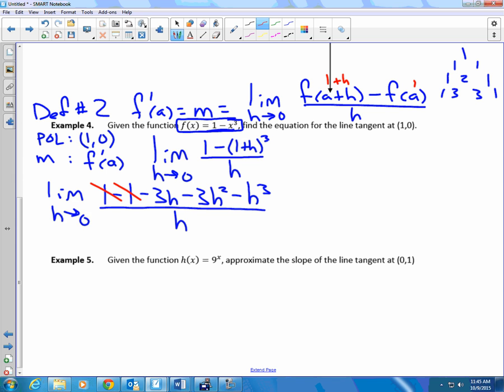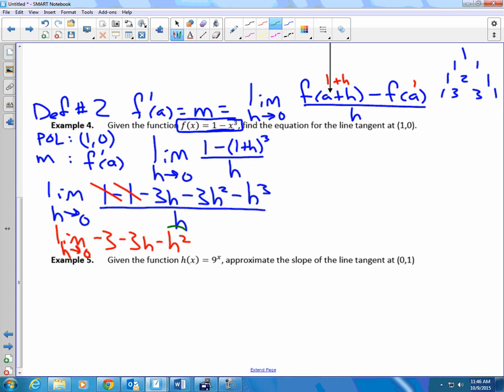Eli sees that. What can you take out of the top now? The h. And so you get the limit as h goes to 0 of negative 3 minus 3h minus h squared. And what happens when you plug in 0 now? I took an h out.